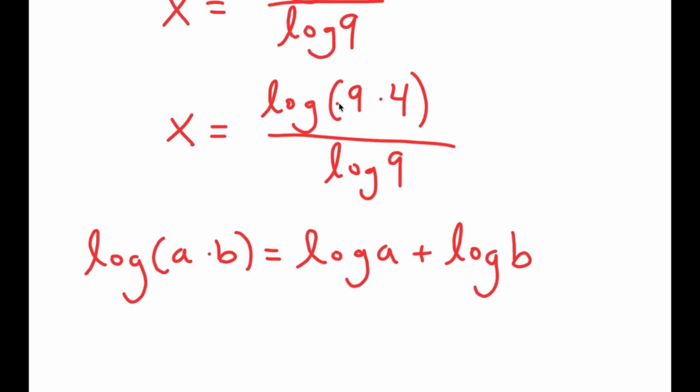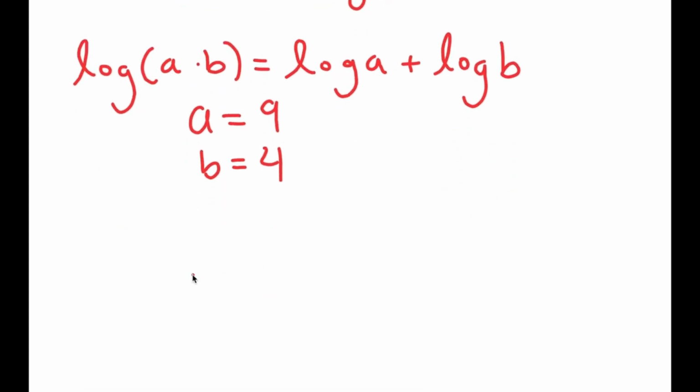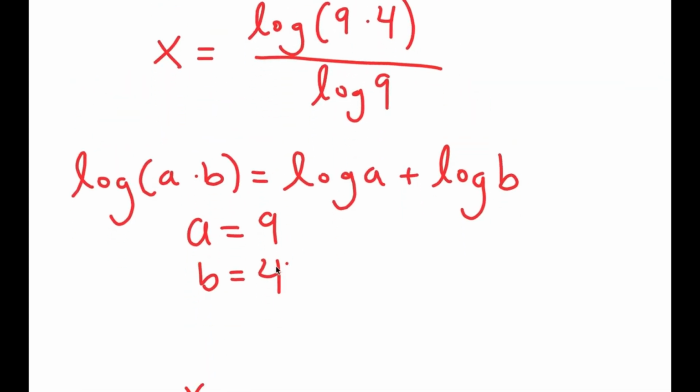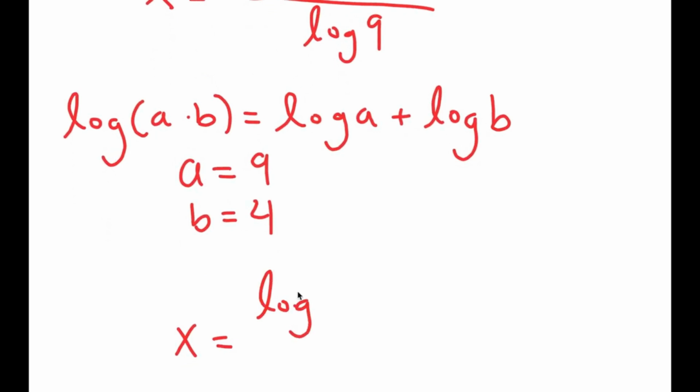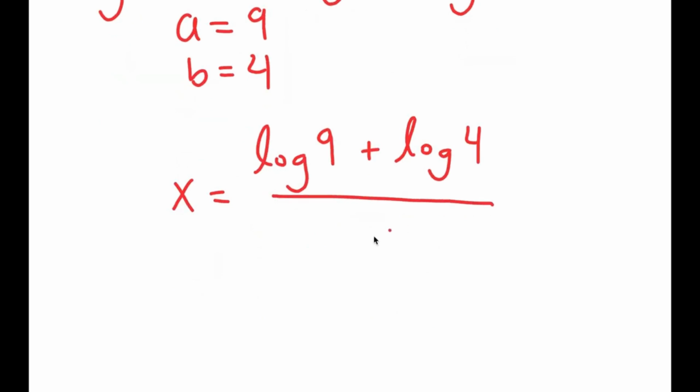So in this case, I have log 9 times 4, and we can say that a is 9 and b is 4. So this turns into log of a, which is 9, plus log of b, which is 4. And remember, I still have all of this over log 9.